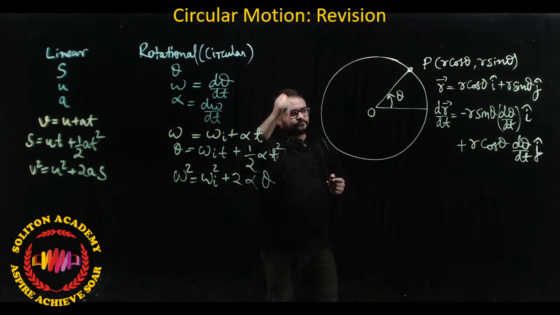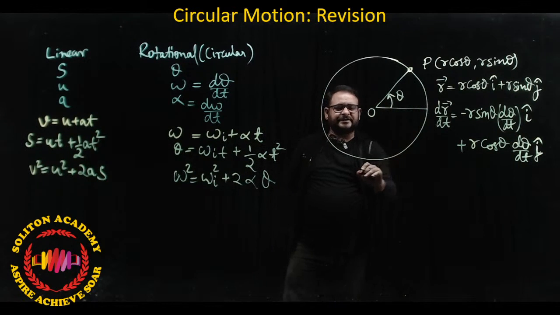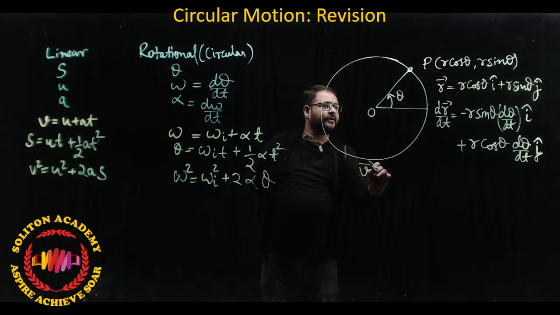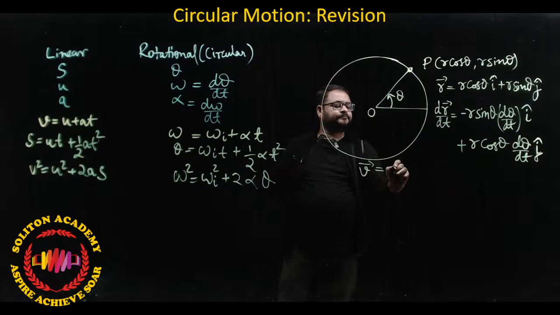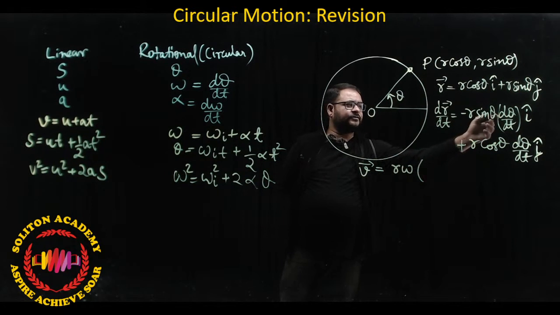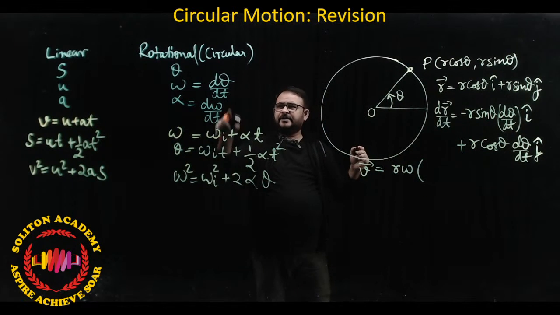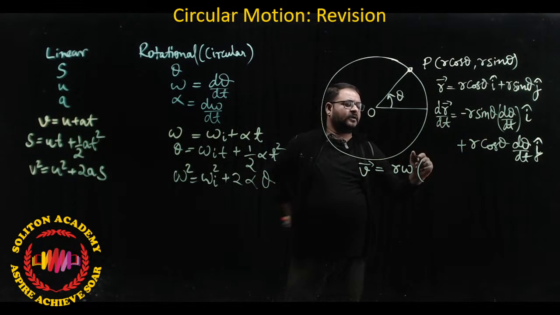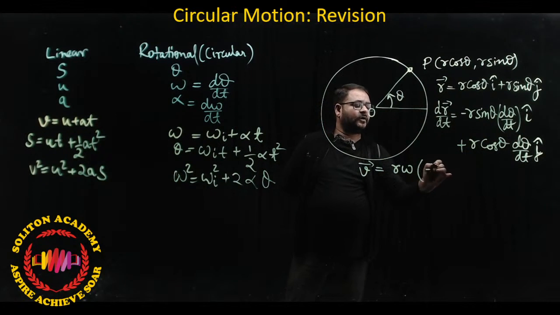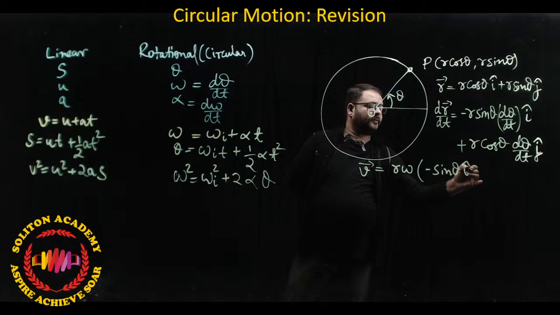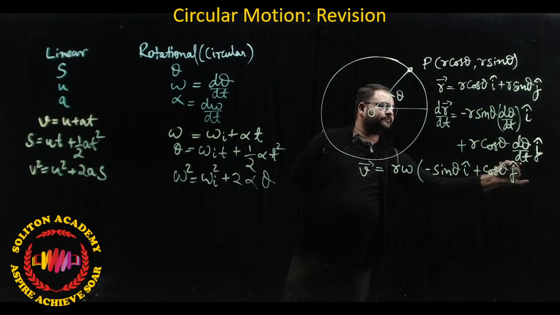Now, if you look at the velocity, velocity in circular motion is given by r omega, because omega is d theta by dt, times minus sin theta i cap plus cos theta j cap.